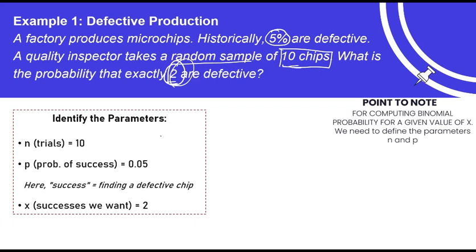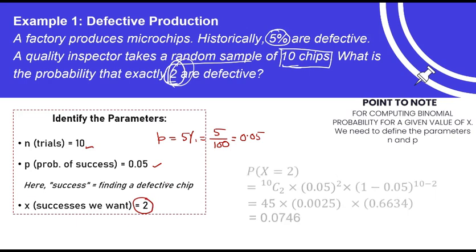So the percentage of finding a defective is expressed as 5%. So what is the value of p? p equal to 5%, which means 5 by 100, and if you divide, you will find it as 0.05. Now n we know, p we know, so we can find the probability for any value of x, and here we have taken x equal to 2.